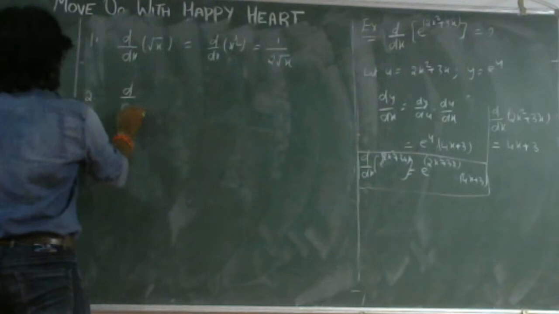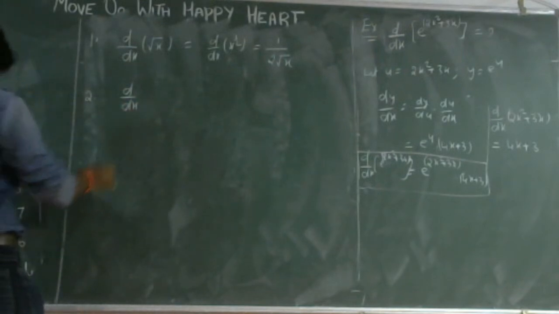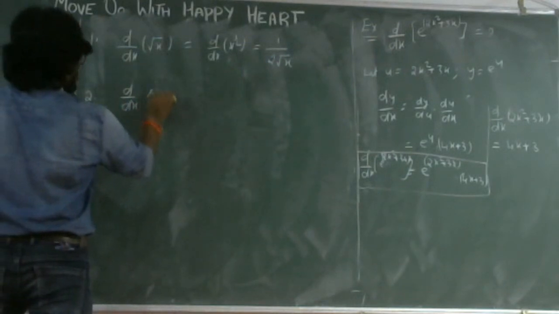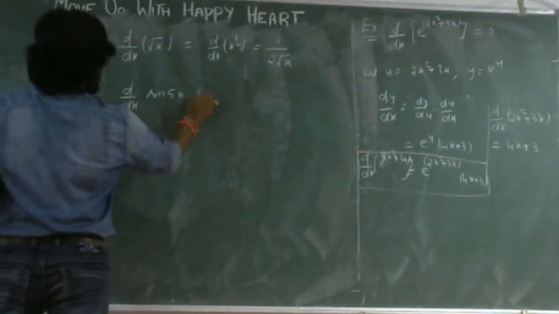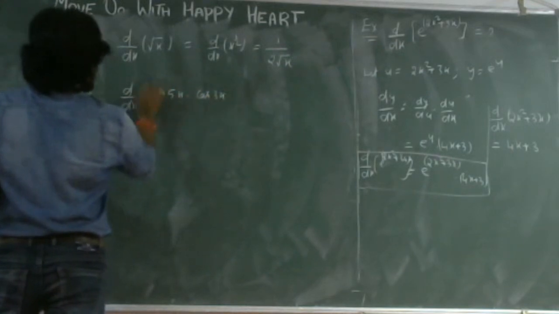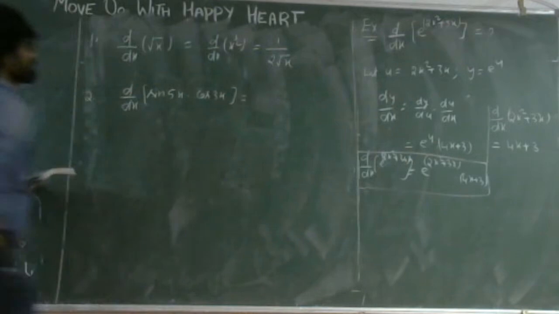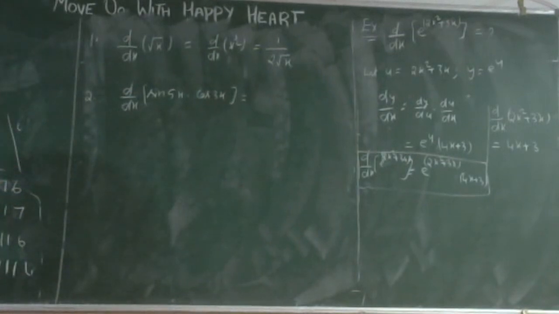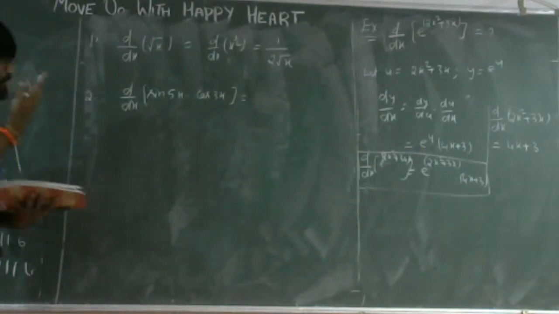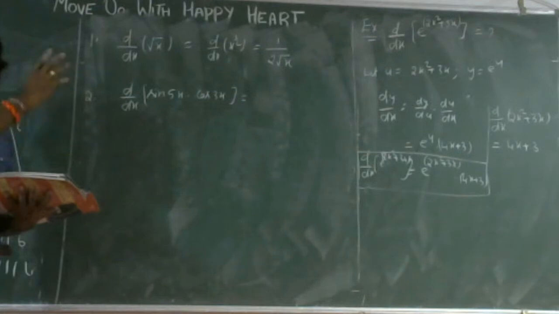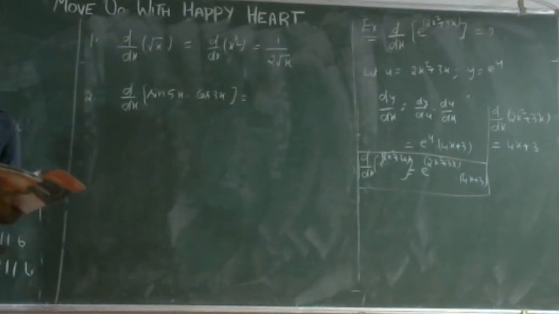d by dx of sin 5x into cos 3x. Sin 5x cos 3x, both are trigonometric functions. It is the u into v formula that I have to use here. u is sin 5x, v is cos 3x.